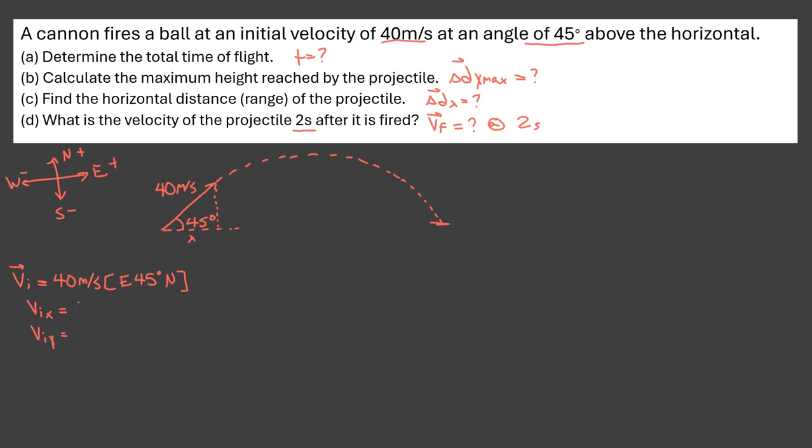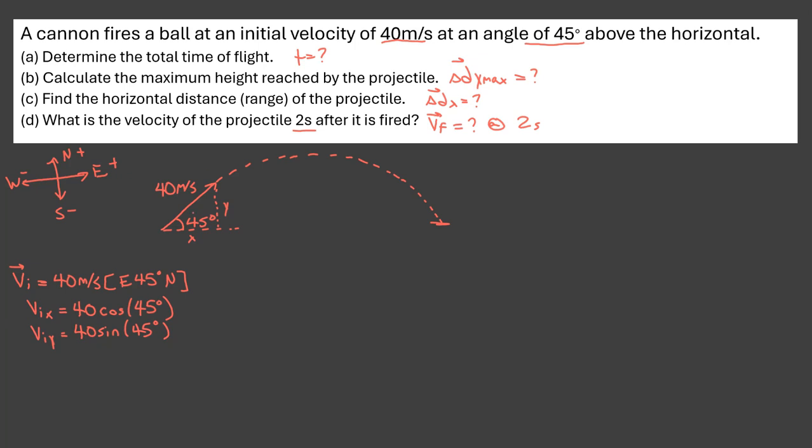So I'm going to specify that my initial velocity in the x component is 40 cos 45 degrees. And then for my y component, it's going to be the opposite side, so that'll be 40 sine 45 degrees. Which actually, we will end up getting the same value for both our x and y components because of that 45 degree angle, that special angle there.